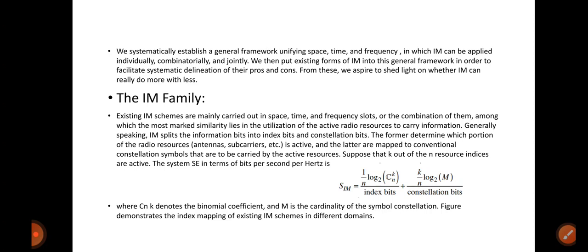Suppose that K out of the N resource indices are active. The system SE in terms of bits per second per hertz is SE_IM equals 1/N log2 of C(N,K) index bits plus K/N log2 of M constellation bits, where C(N,K) denotes the binomial coefficient and M is the cardinality of the symbol constellation.